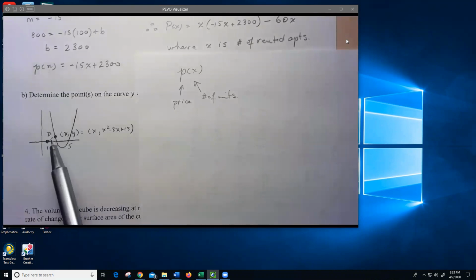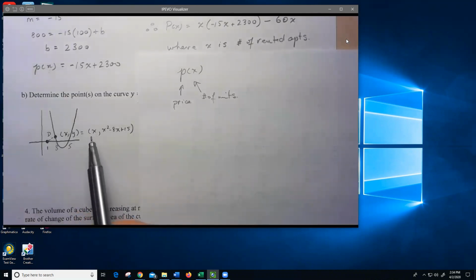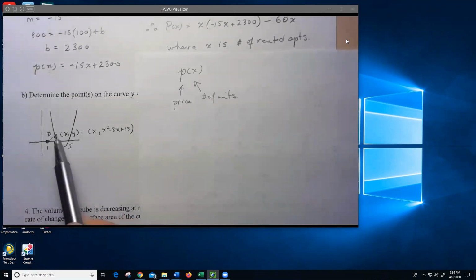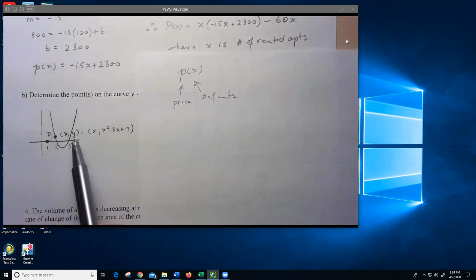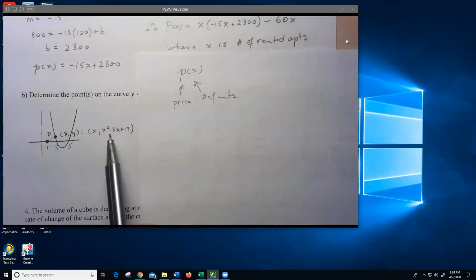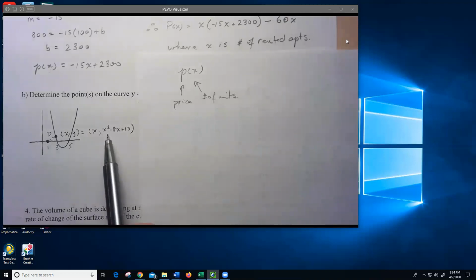The idea is you find the distance between them using your distance formula. You have one point, and you need your second point. And this is where you do a very important substitution: because this second point has to lie on the parabola, instead of using y, you replace it by the equation of the function.